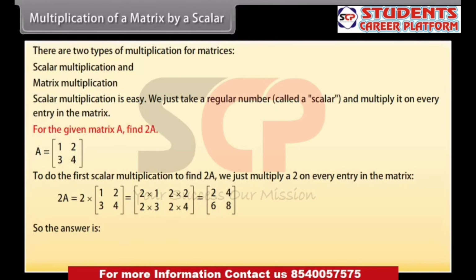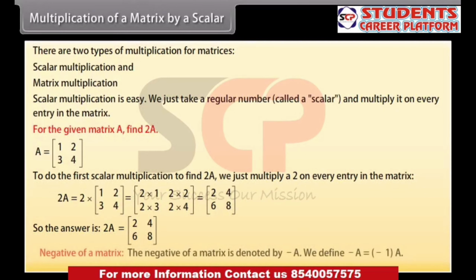So the answer is 2A is equal to matrix row-wise, first row 2, 4, second row 6, 8. Negative of a matrix. The negative of a matrix is denoted by minus A. We define minus A is equal to minus 1 into A.